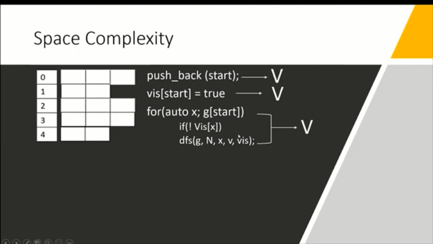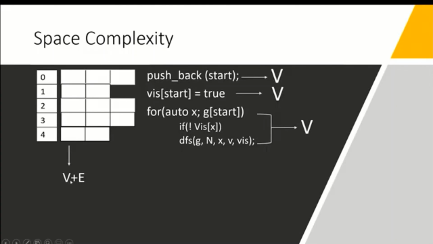This table I assume as V plus E, because this is V and this is the E, meaning the first stack goes to how many edges. So this is the number of edges.